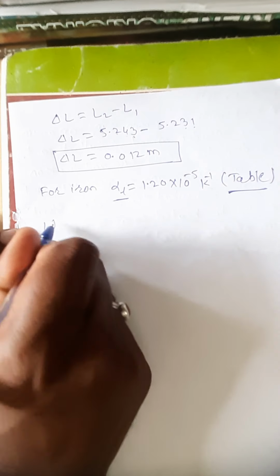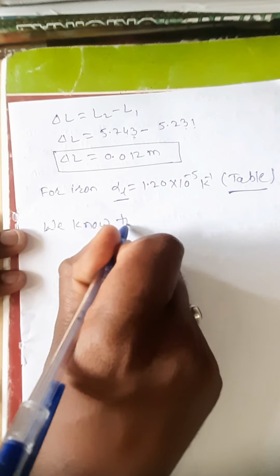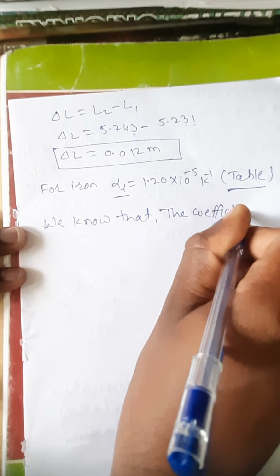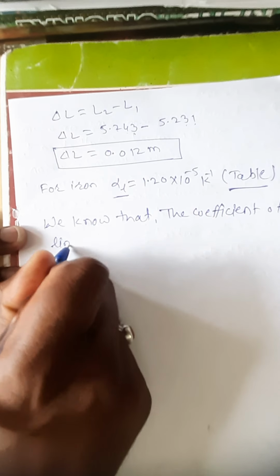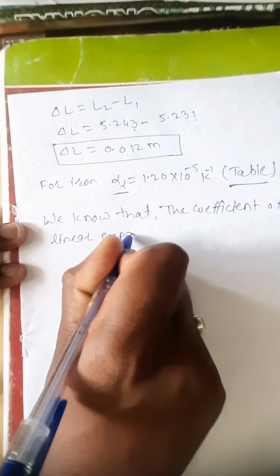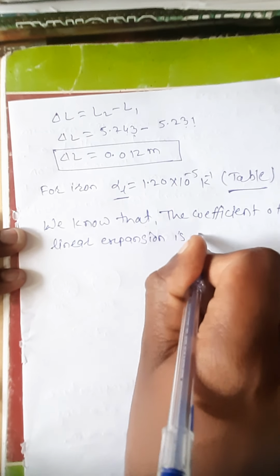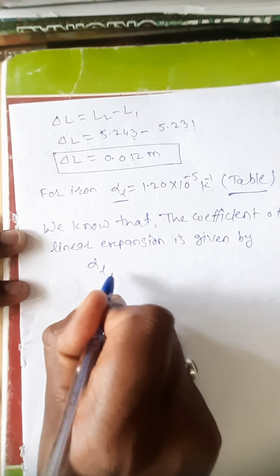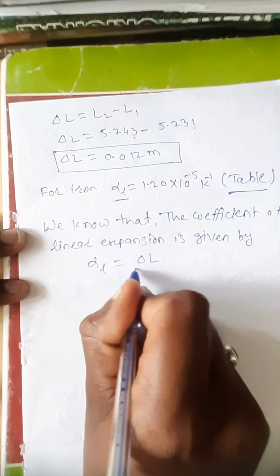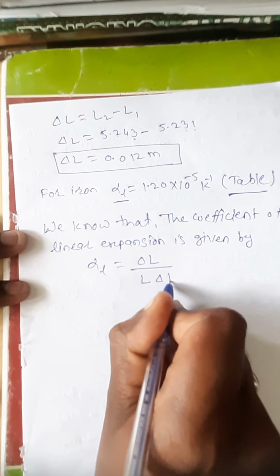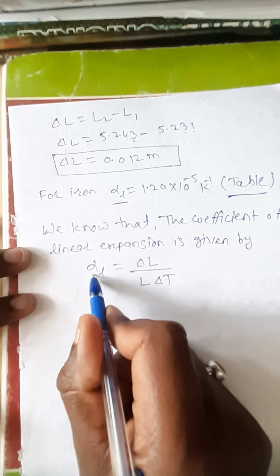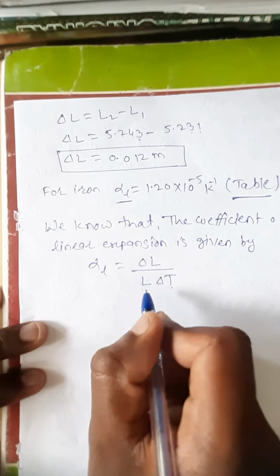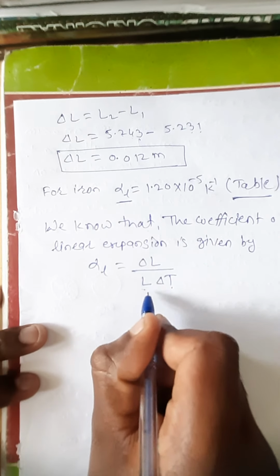Okay, then we know that the coefficient of linear expansion is given by alpha L, which is equal to delta L divided by L into delta T. Here L is nothing but the initial length, that is L1.